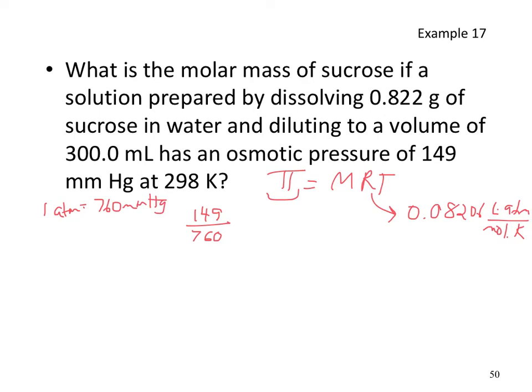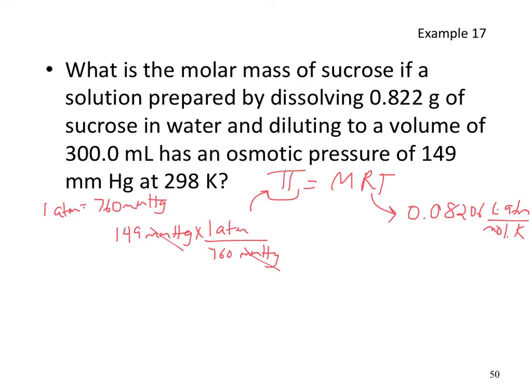Let's just write it again. You can say 149 millimeters of mercury times 1 atm over 760 millimeters of mercury, the millimeters cancel off, and you get your answer for the osmotic pressure.